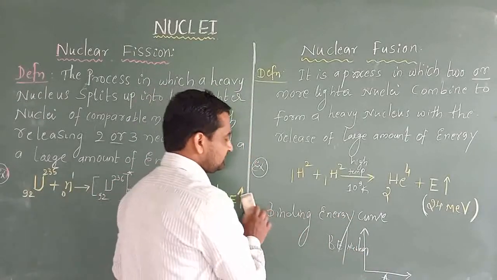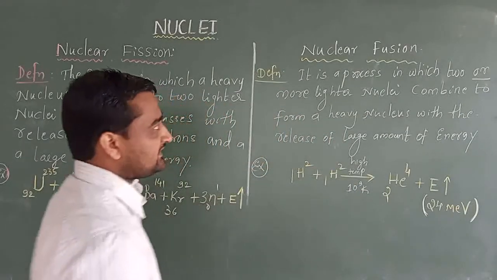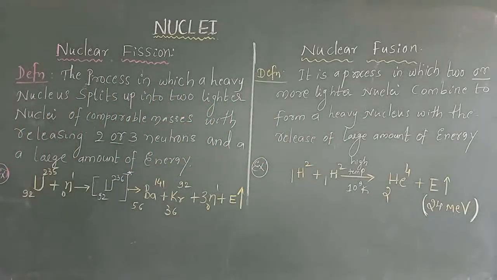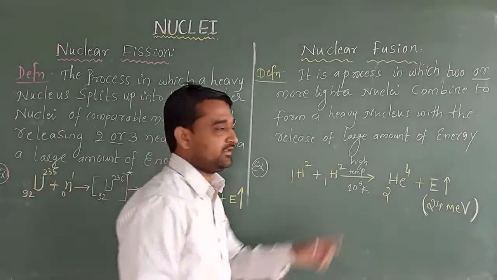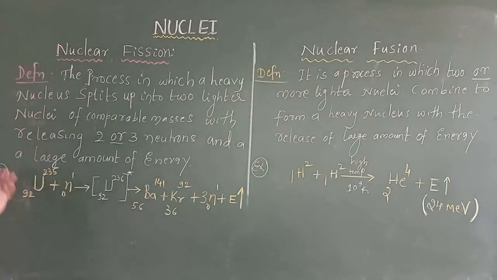So based on this binding energy curve, we are going to explain two important processes: the nuclear fission and the nuclear fusion. After discussing this, we are going to distinguish between nuclear fission and nuclear fusion.